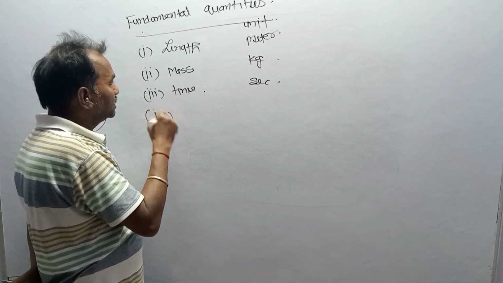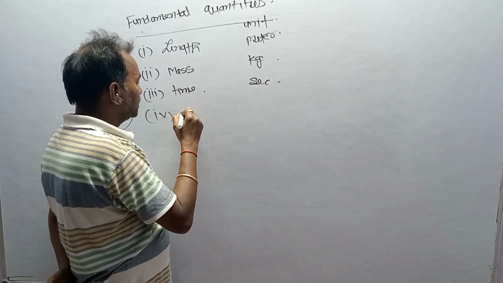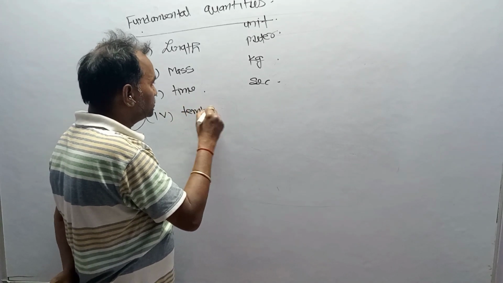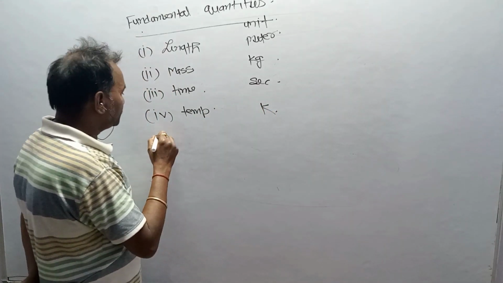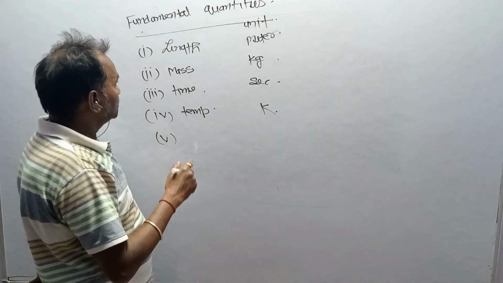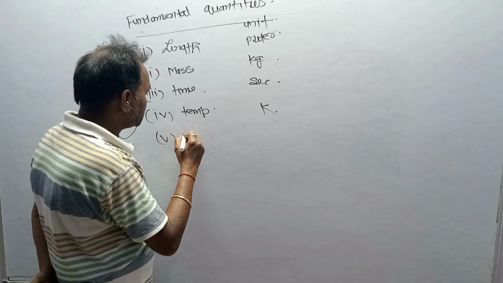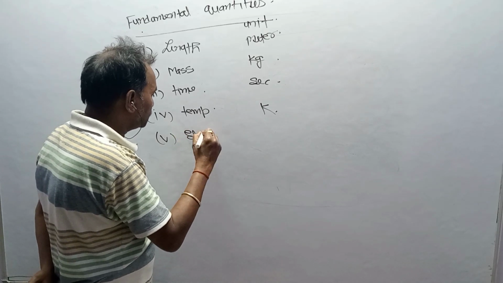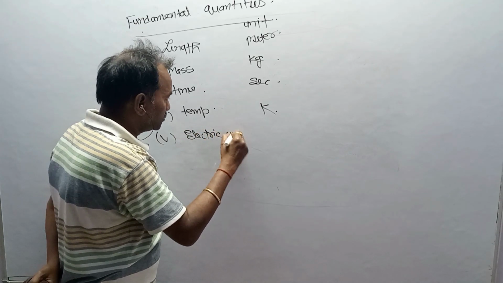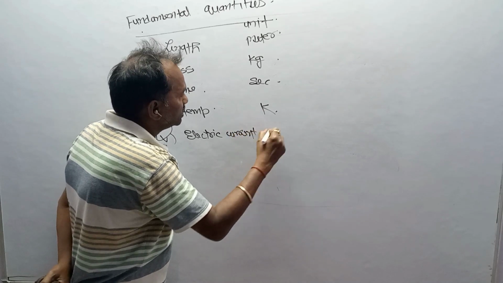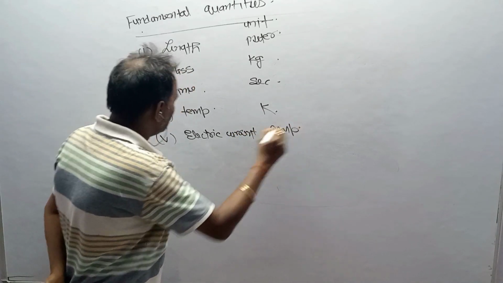Fourth one is temperature, its unit is Kelvin. Fifth one is electric current, its unit is ampere.